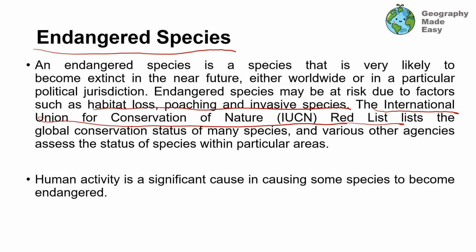A species which is at high risk may become extinct, or if conservation methods are done properly, may be removed from that particular list. So human activity is a significant cause in causing some species to become endangered.